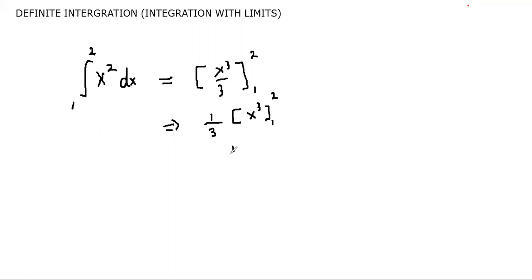So it becomes 2 cube, the upper limit, minus the lower limit, again 1 cube. So the answer would be 2 cube is 8, 8 minus 1 is 7. So the answer would be 7 by 3.